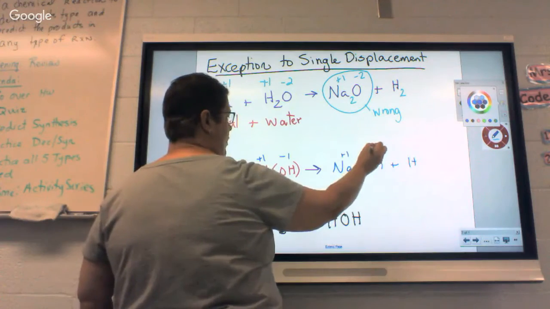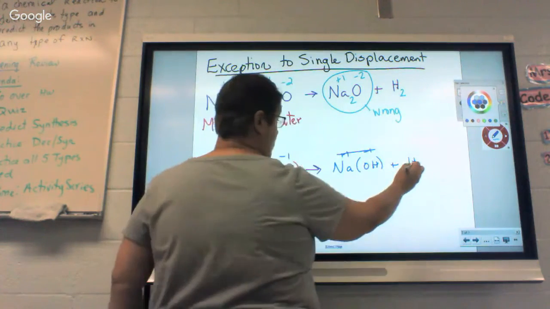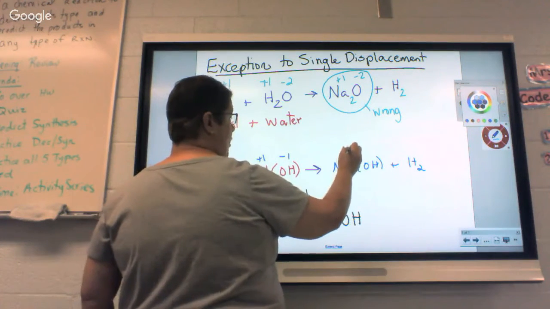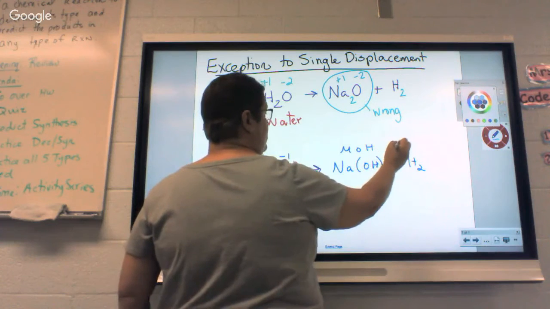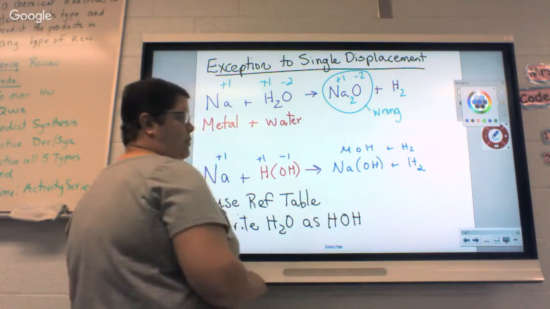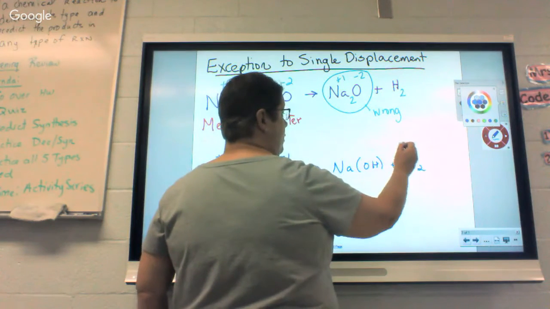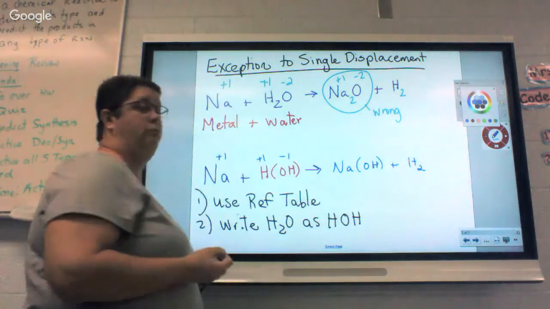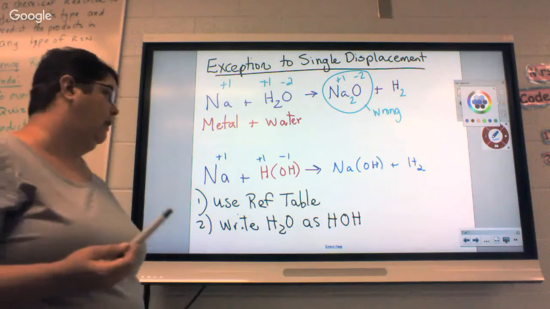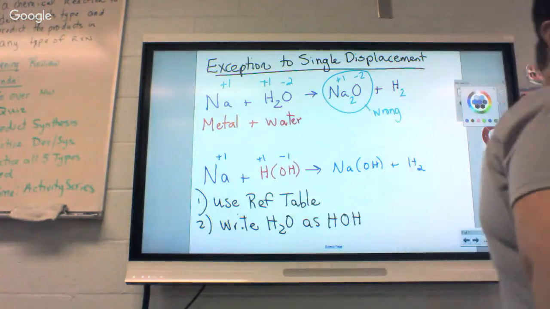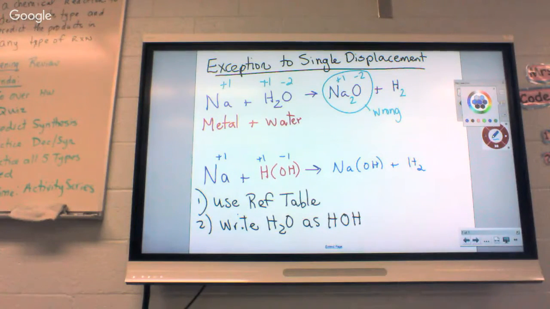Plus 1, minus 1, they cancel out, and H has a 2, which is the same thing that we just wrote when you said a minute ago MOH plus H2. You get the exact same answer. It doesn't matter which way you go about it, okay? You choose, whichever one you like better, okay? But this is the right answer. But if you do it the way we've learned to do it, with just flipping it around with the H2O, you will get the wrong answer.